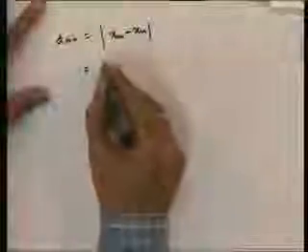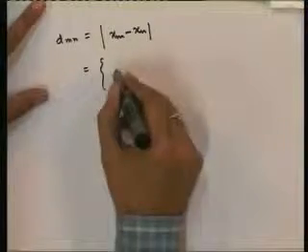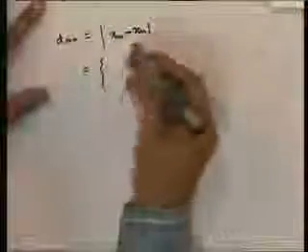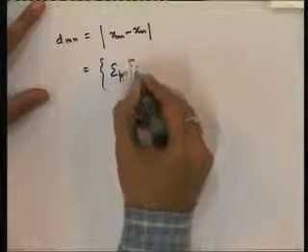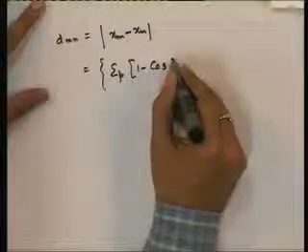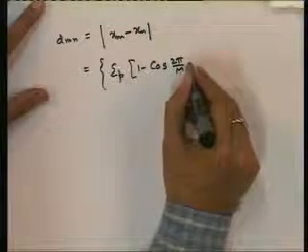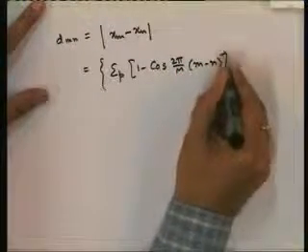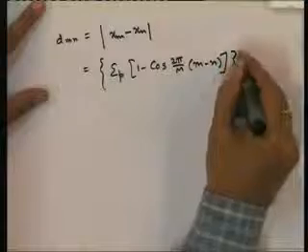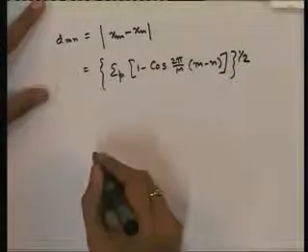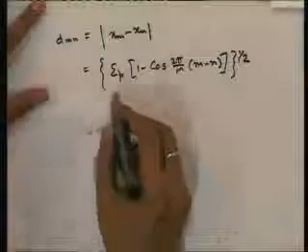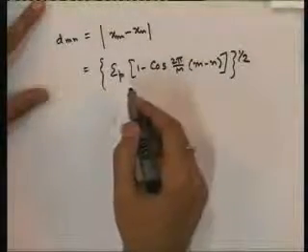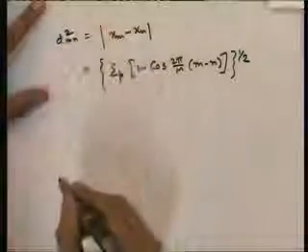We can compute it, but we will not go into that. You can verify it yourself, that it will be E(1 minus cos 2 pi (m minus n) by M), and this is actually dmn square.